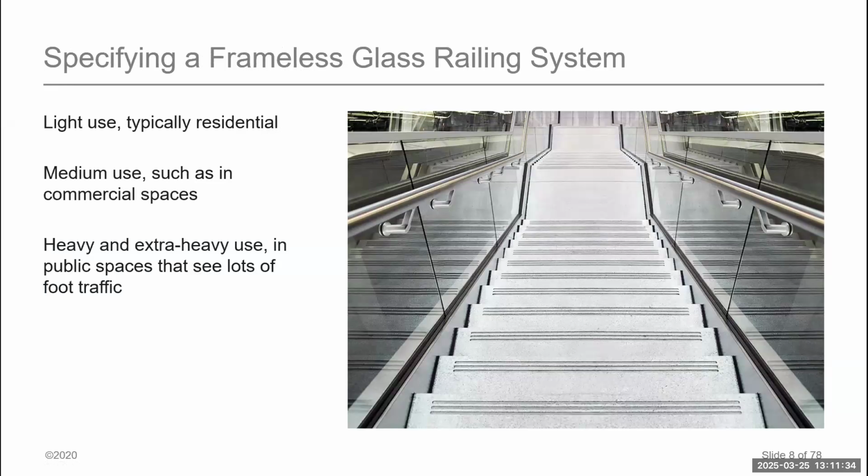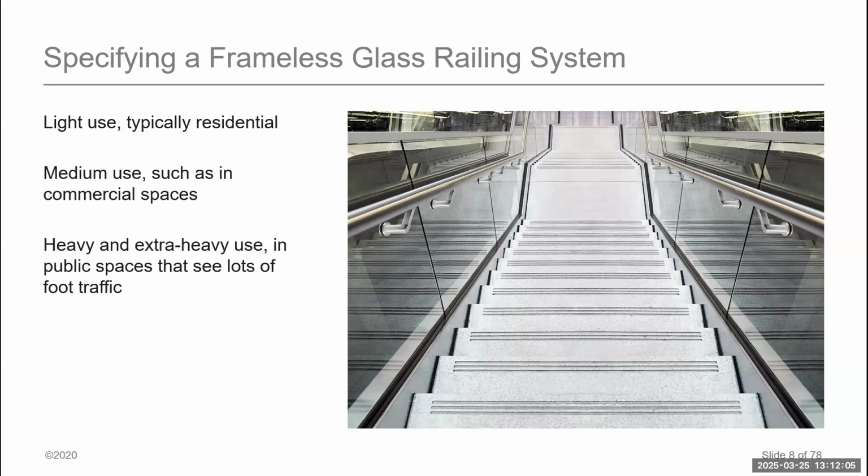Now, guardrails are incorporated into a large variety of different types of projects. It could be commercial, it could be residential, it could be light commercial, it could be multi-use, it could be a high-rise, it could be a multi-residential building. And what we like to say is we have interior and exterior, but then when we move to exterior, we have systems that need to meet high or heavy load requirements.